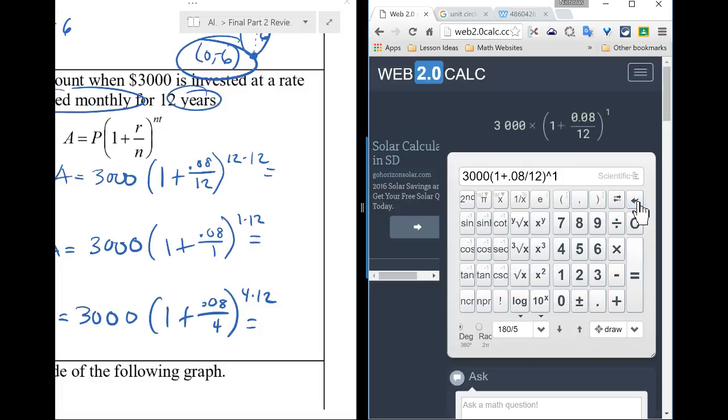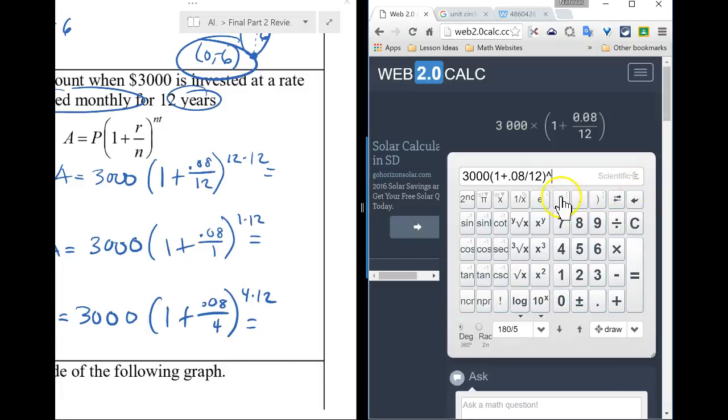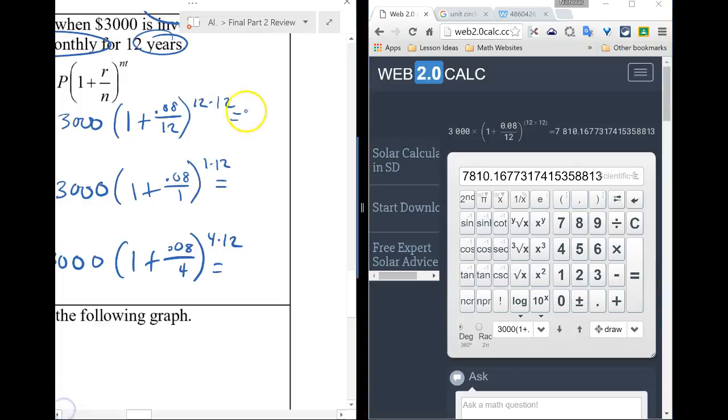Let's make sure the computer recognizes that these are both exponents, so we'll put that in parentheses. So the total here is going to be $7,810. And this is dollars and cents, so we want to go to the nearest hundredth, and 17 cents.